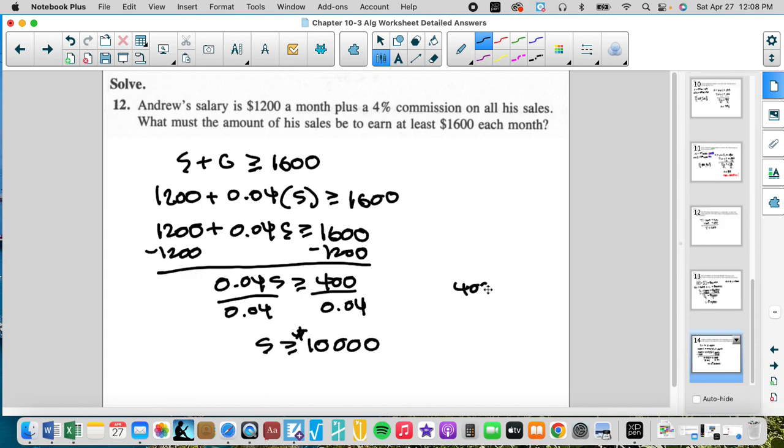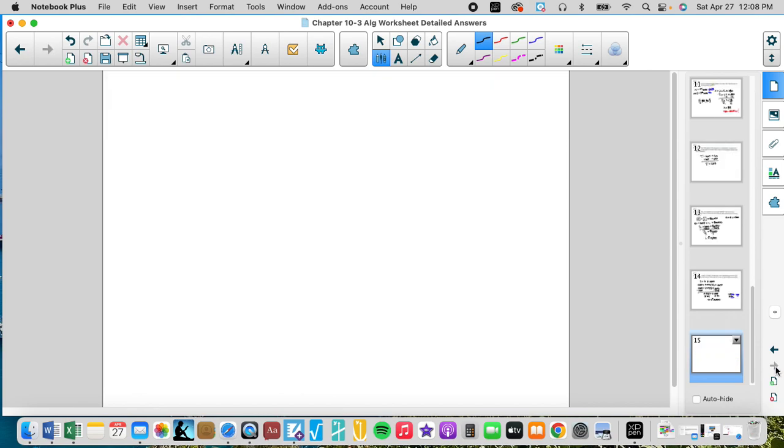All right, 400 over 0.04. We're going to move the decimal 1, 2. We move this decimal 1, 2. That's 2 zeros. And then we get 40,000 over 4, which gives us 10,000. His sales must be greater than or equal to 10,000.